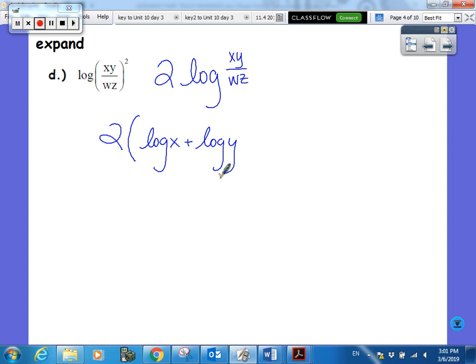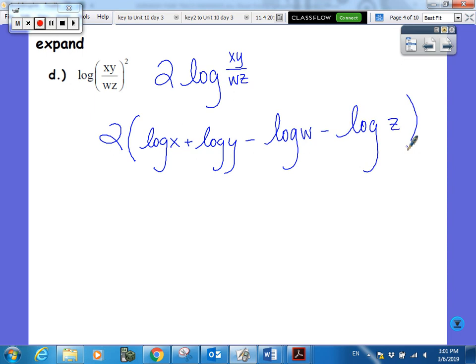Would the 2 come off if we did 2 log x plus 2 log y? No, I'm going to do that in a minute. Yes, I'm going to actually distribute that on my next step, but you can do it all at the same time too. So minus log w minus log z.